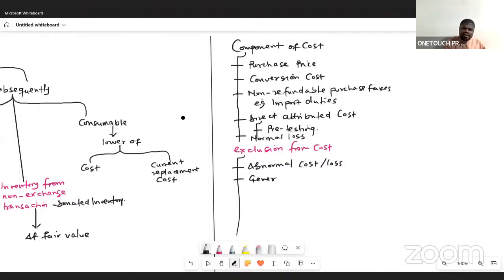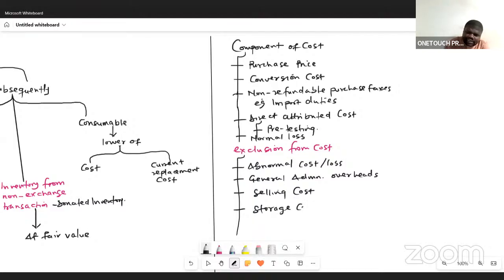General administrative overheads are not part. Or general administrative cost is not part. Selling cost is not part. Storage cost of finished goods.